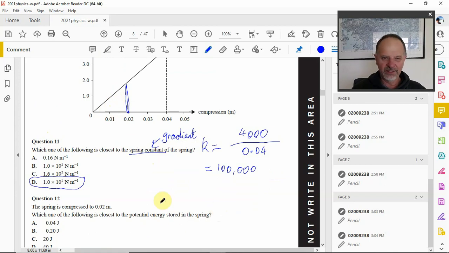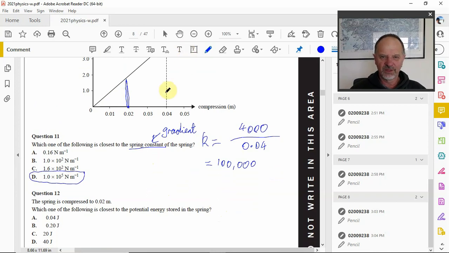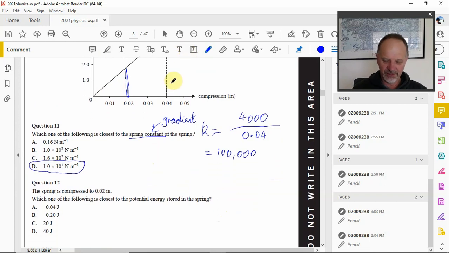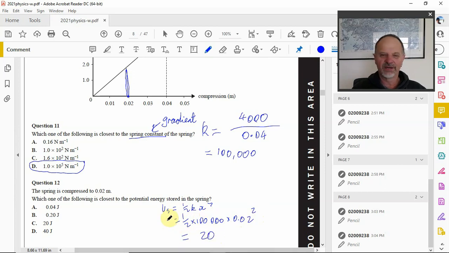Alternatively, you can use the formula for the potential energy of the spring, Us, which is a half kx squared, and so that's a half times 100,000 times 0.02 squared. And when you figure that out on your calculator, you get 20 joule.